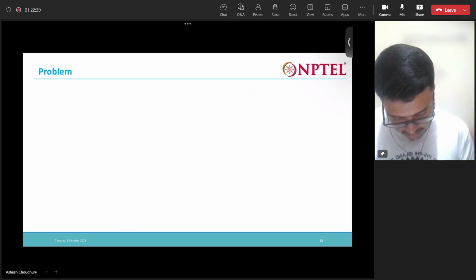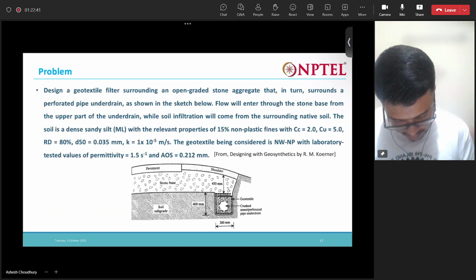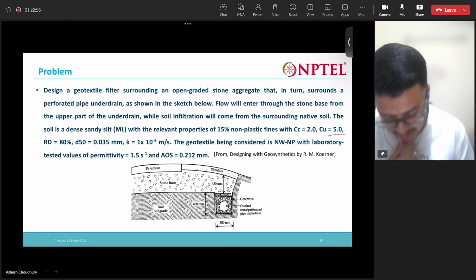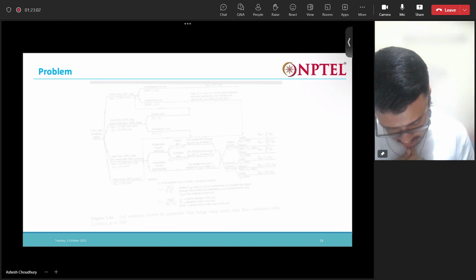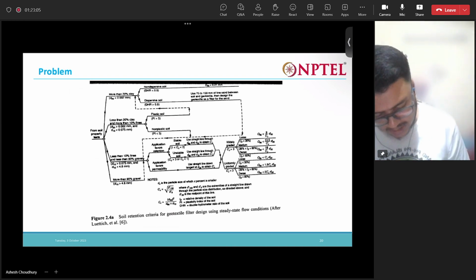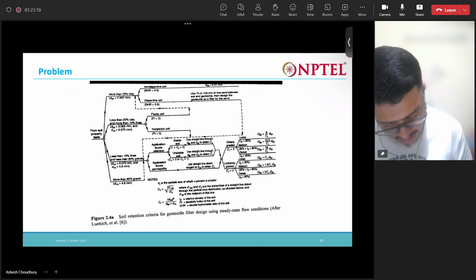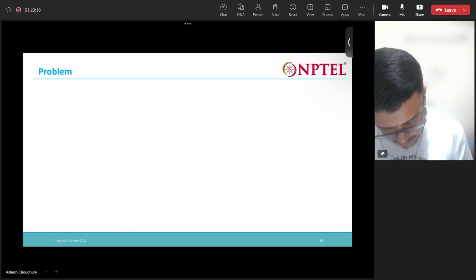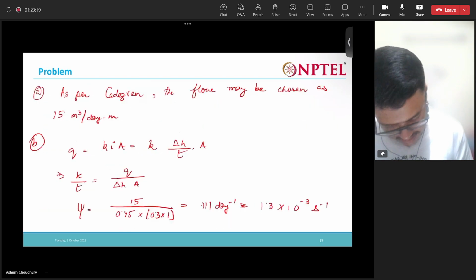So let us see. For our case, Cu is 5, relative density is 80%, and D50 is 0.035. So you can see here that Cu is greater than 3, our Cu is 5, and relative density is 80%, so it's dense.